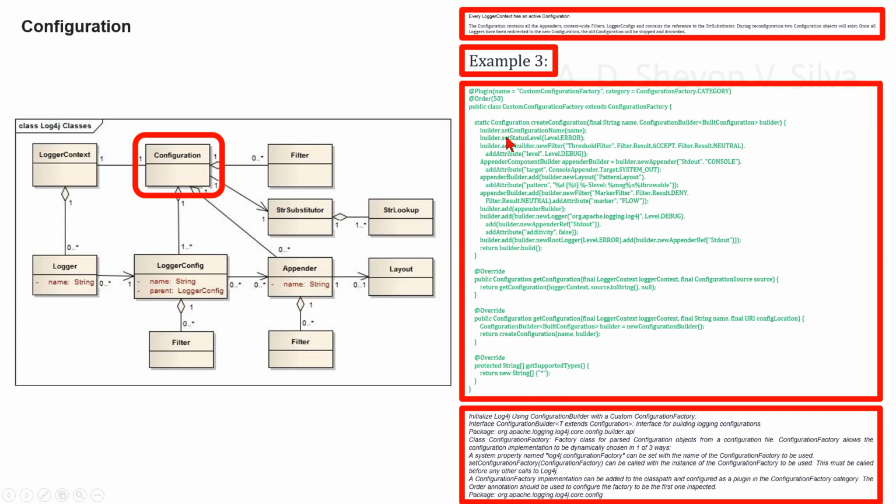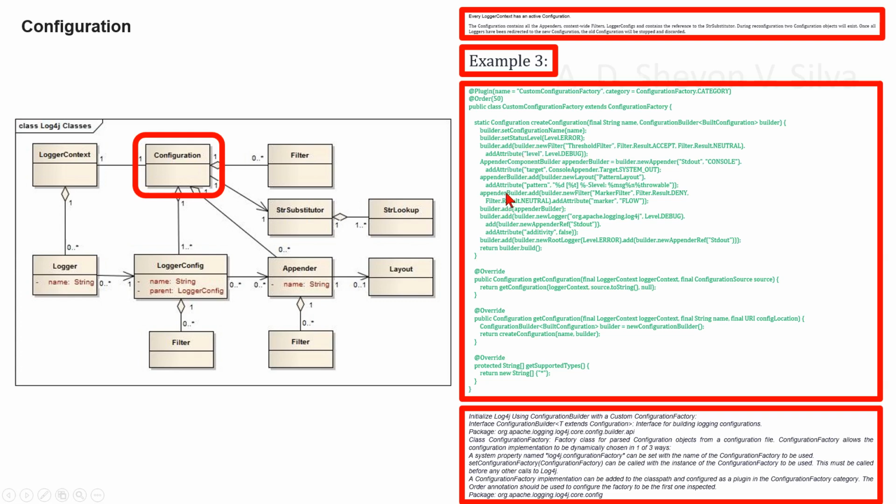Here, this is a ConfigurationBuilder. setConfigurationName sets the name of the configuration. Here setStatusLevel sets the level of the status logger. Here add adds a filter component.